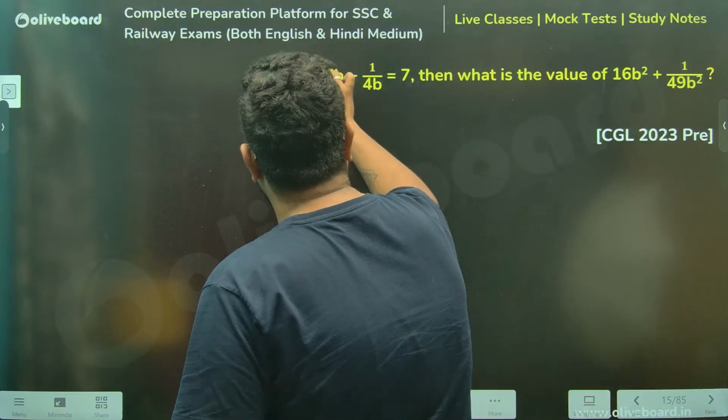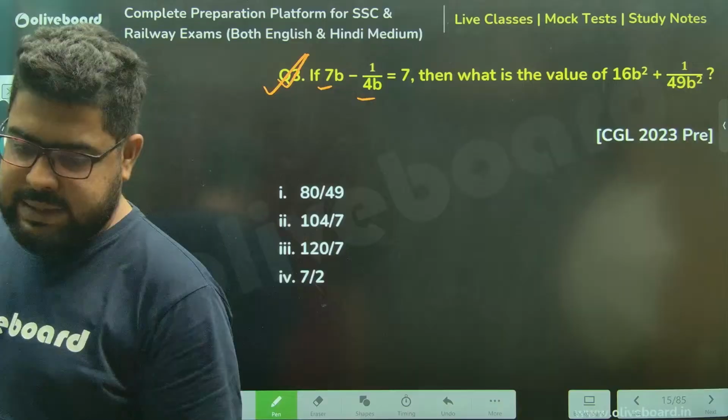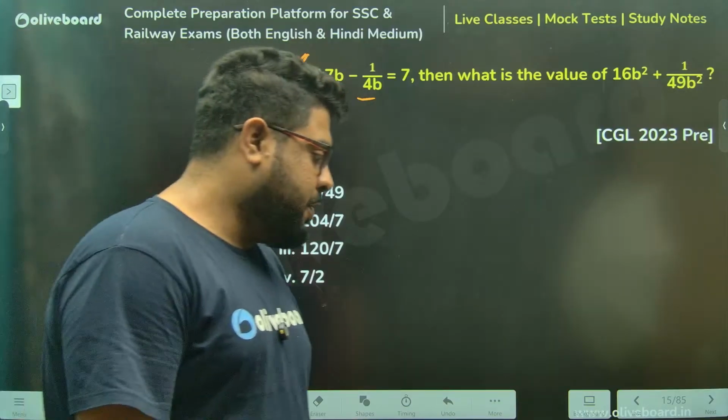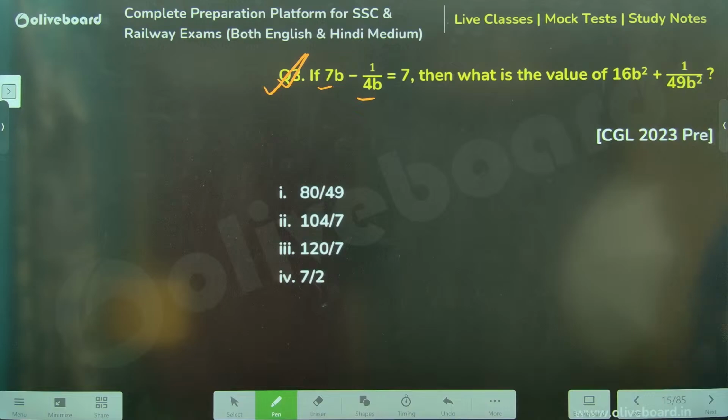Achha, how to do this when there are coefficients involved? This is a little tricky. You need to be able to understand things. Chalo, everyone, give it a try. Give it a try very quickly.